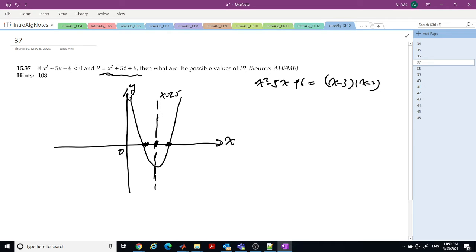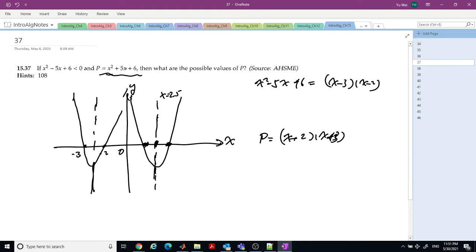And for p equals this, p is equal to x plus 2 times x plus 3. So we know it has roots at negative 3 and negative 2. Then the symmetry line is here, so it will be like this.